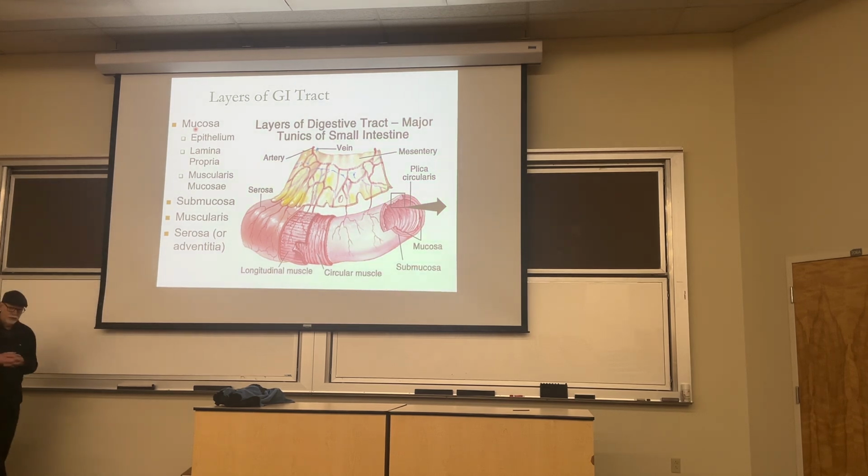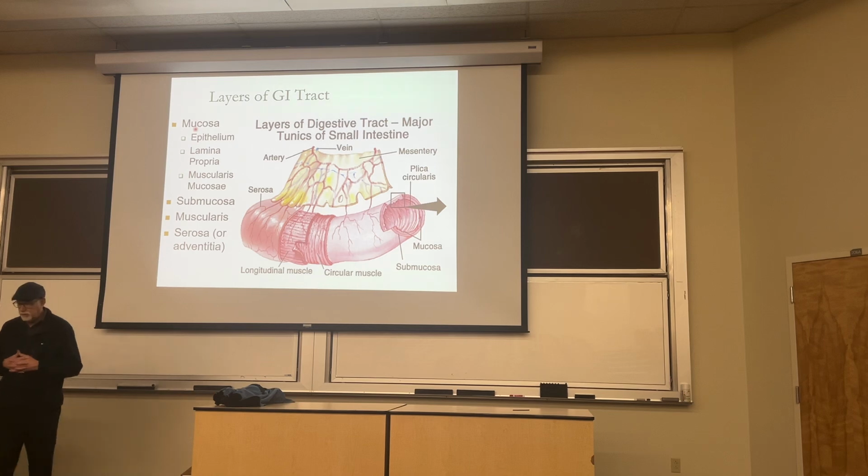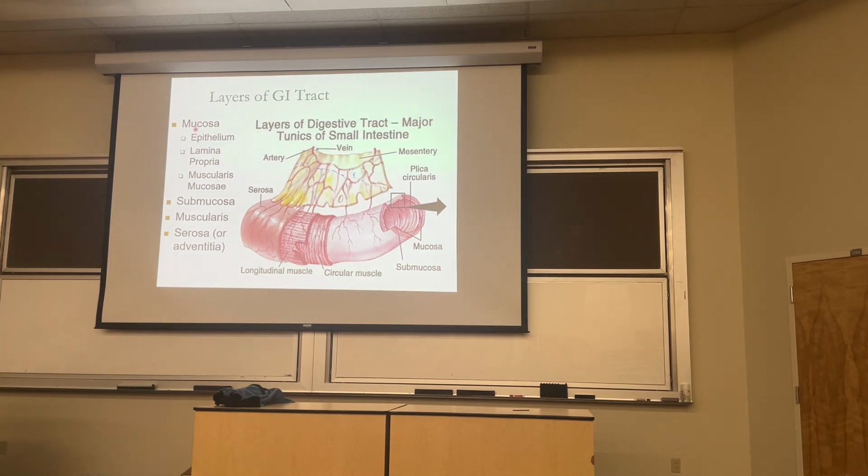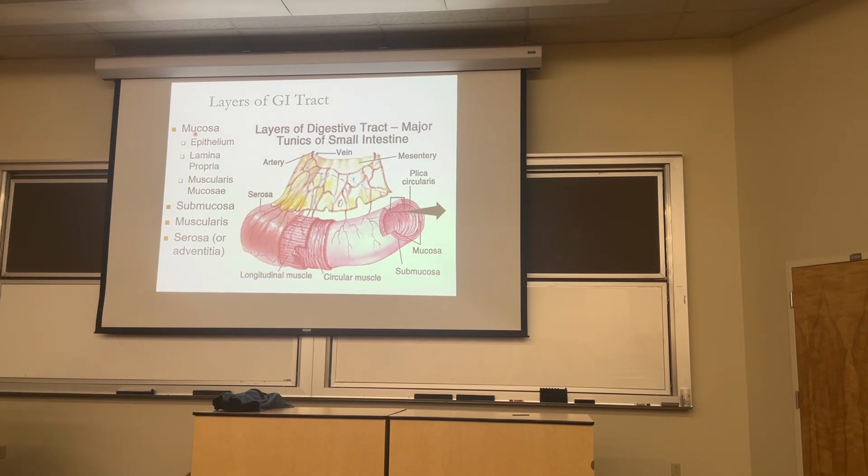Essentially, a mucosa is primarily an epithelium and a connective tissue. But in reality here, it's an epithelium, a connective tissue, and then a small layer of muscle. We call the muscle layer there the muscularis mucosae.